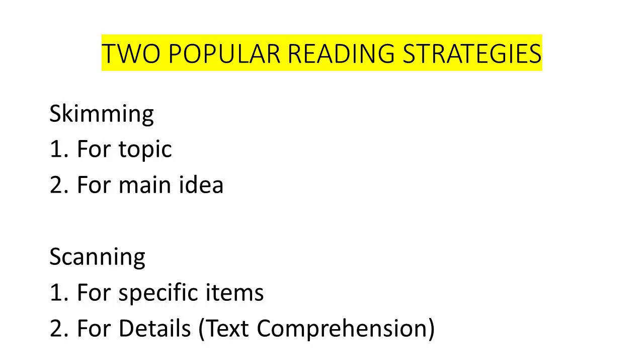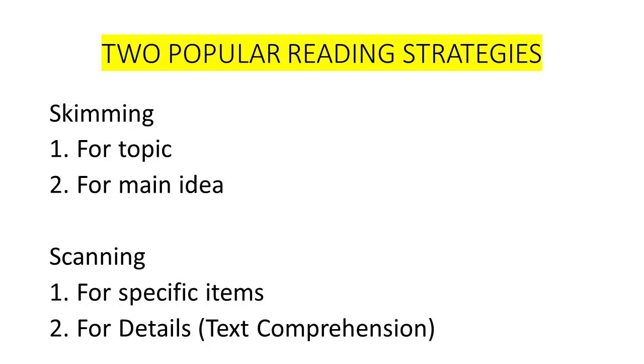Or another alternative main idea is that Islamic education is very important in Indonesia. So the main idea here is a bit longer. It is usually in the form of a sentence.